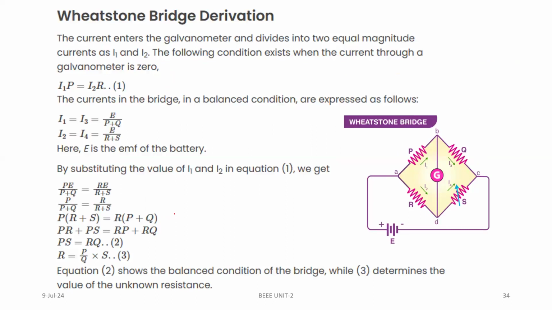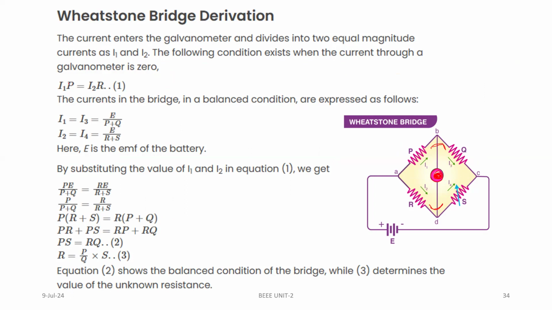With the help of some derivation, I can clarify those things. Observe the same diagram. The following condition exists when the galvanometer reads 0. At that time, these two are connected in series and these two are connected in series. That is, I1 current is equal to I3, and I2 current is equal to I4.